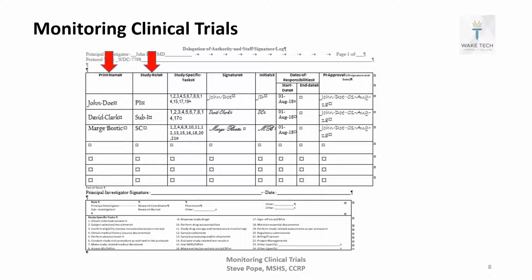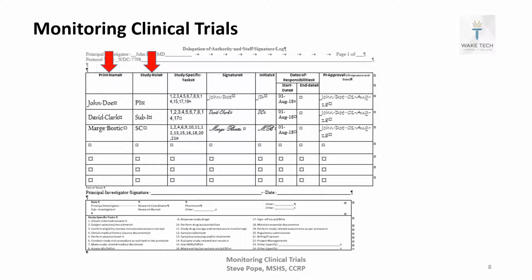So the first guideline I want to mention is the Transcelerate guideline that you'll find on Moodle, and it's a very good document for helping you understand what this delegation log represents. So the printed name, in most cases, you will see that individual write their name in there, print their name in there, and their study role. Now, do they have to print their name in there?